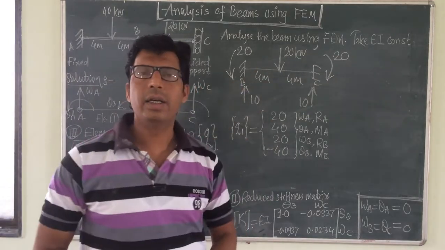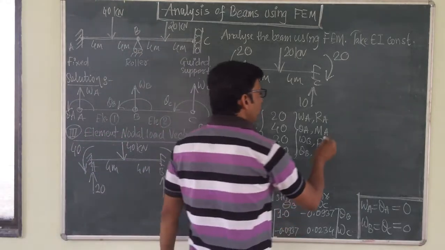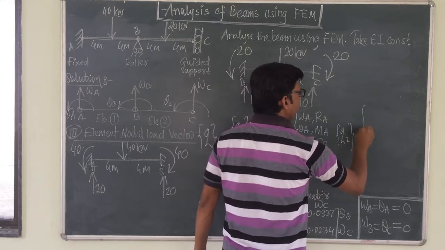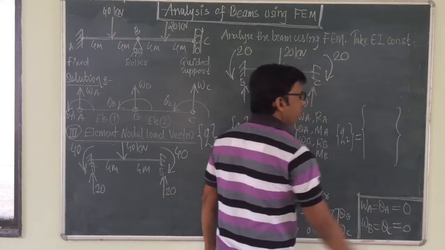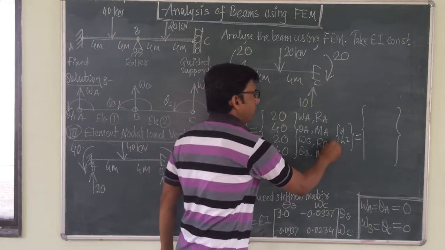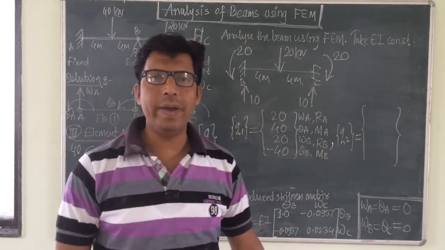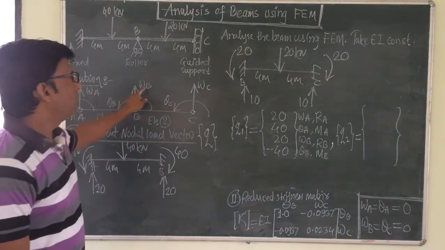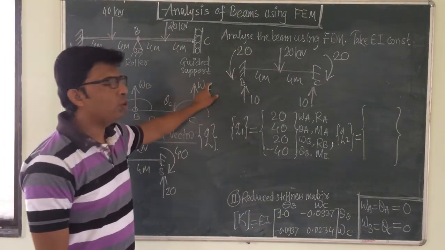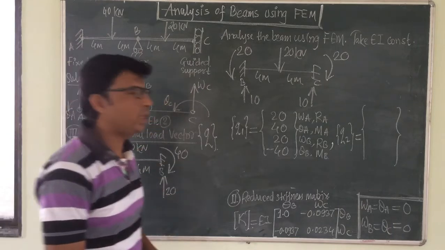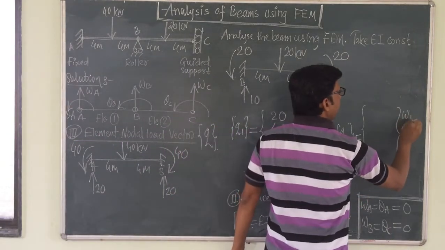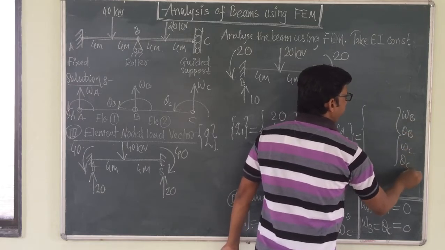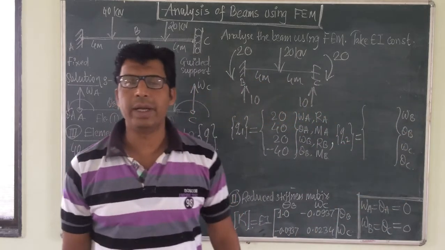Similarly, from the second element, write down Q2, the second element nodal load vector. The corresponding displacements of element number 2 are WB, theta B, WC, theta C. These are the 4 displacements.